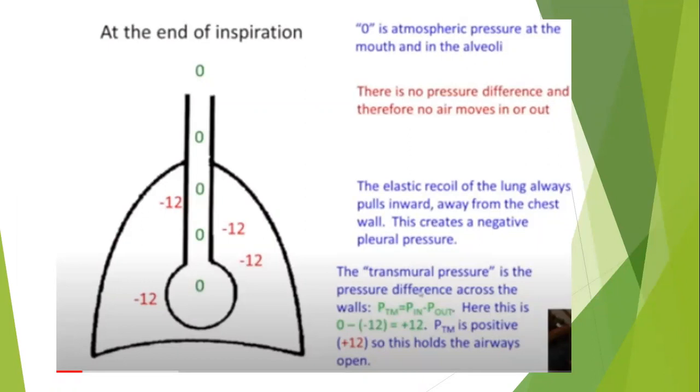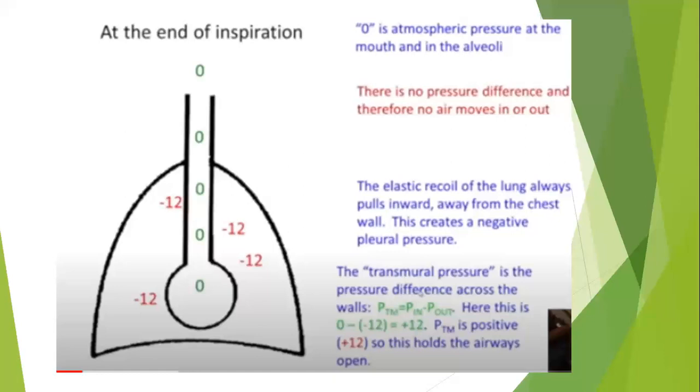We know that there is destruction of the airspaces in emphysema, as well as destruction of the elastin fibers. Elastin fibers are necessary for elastic recoil of the airspaces. So this is what happens in a normal individual. At the end of inspiration, the atmospheric pressure is always 0, and the elastic recoil of the lung pulls inward away from the chest wall.